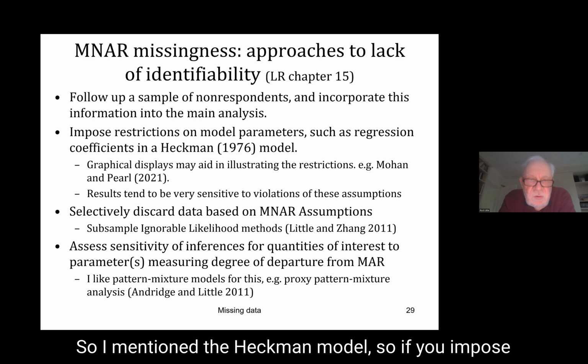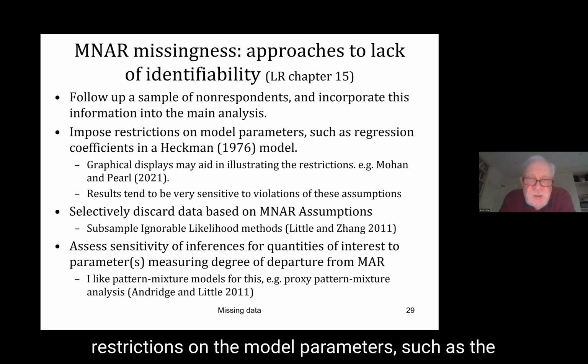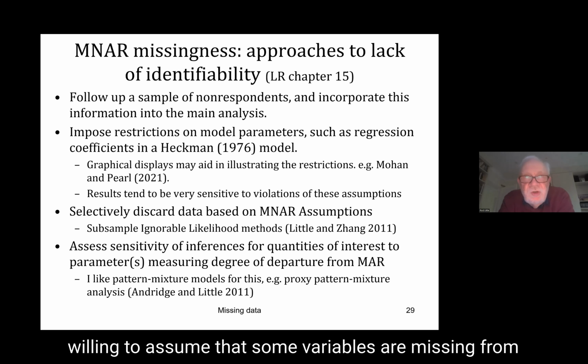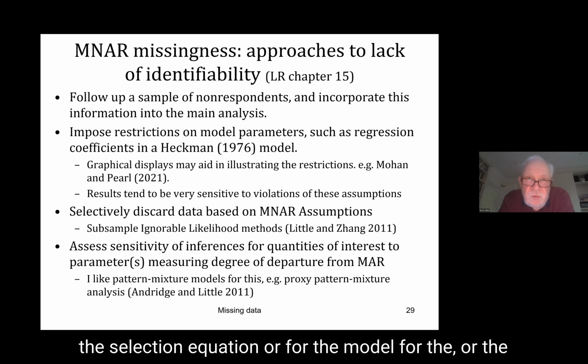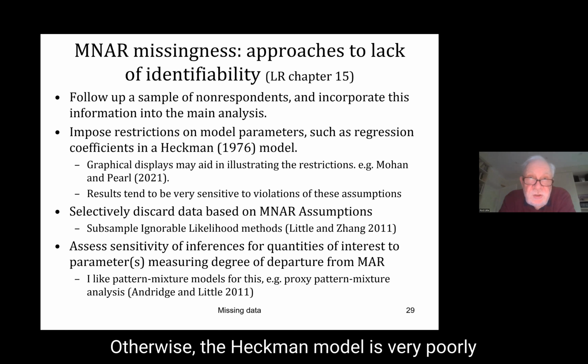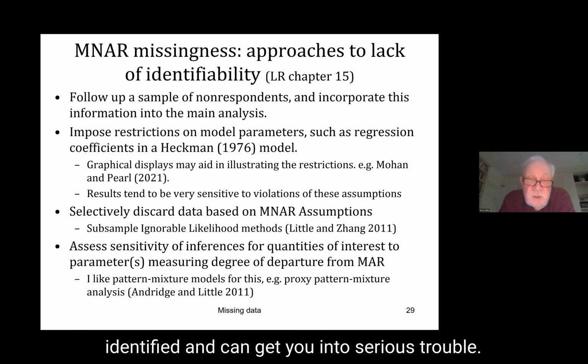I mentioned the Heckman model. If you impose restrictions on the model parameters, such as the regression coefficients in the Heckman model, so if you're willing to assume that some variables are missing from the selection equation or from the equation for Y, then you can identify those models. Otherwise, the Heckman model is very poorly identified and can get you into serious trouble.